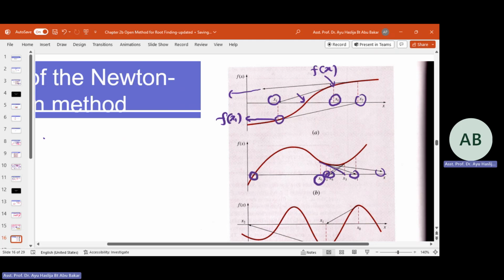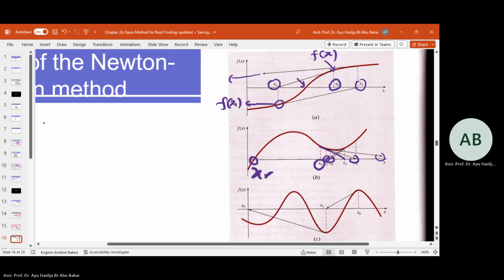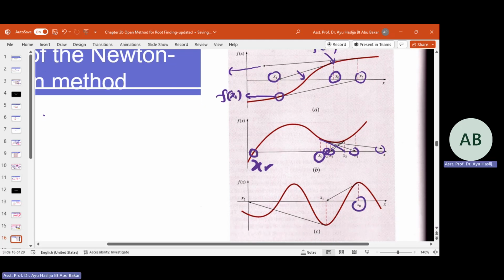It should be approaching the root. This is your XR, the one that you need to find out. Same goes for this. The slope points to this, then this slope points to here, whereby this is your root. So Newton-Raphson depends on the slope of the point.